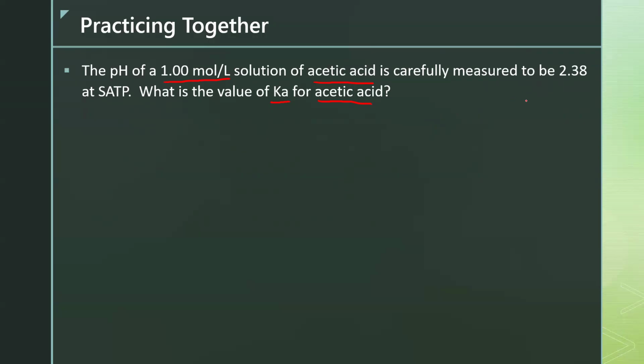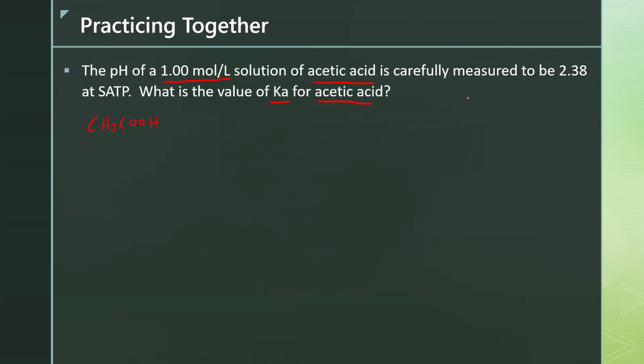Because we're dealing with an equilibrium reaction here, we have to come up with an equilibrium reaction equation to show us what's going on. Acetic acid, if you don't know what that is, you can look at it on your acid base chart. Acetic acid is CH3COOH, so I'll start by writing that down. CH3COOH.